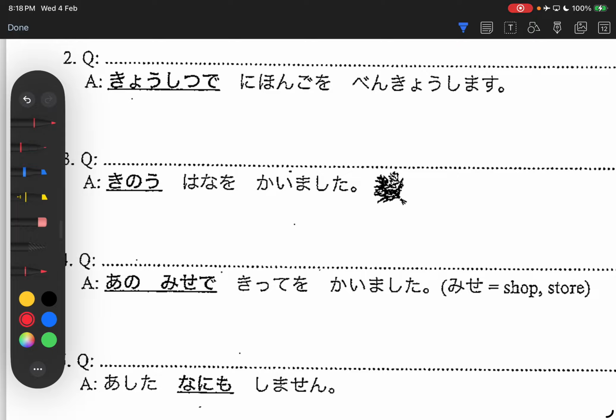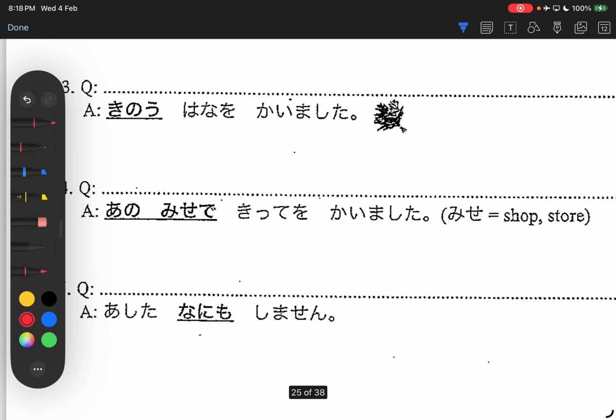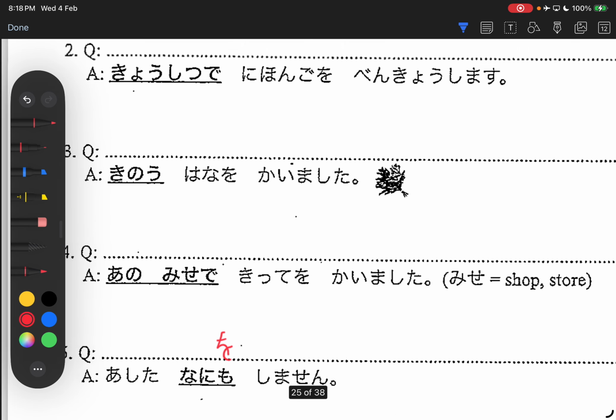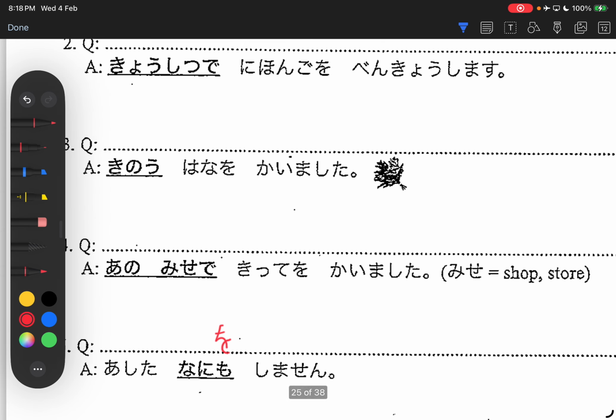I do number 5. 明日何をしますか? Very good. Because the answer is I never do anything, the question must be what you do. So 何をしますか, present tense, because it's not past tense. Then we go back to number 3. Your question? 昨日何をしましたか. Very good. Yesterday, what did you buy?